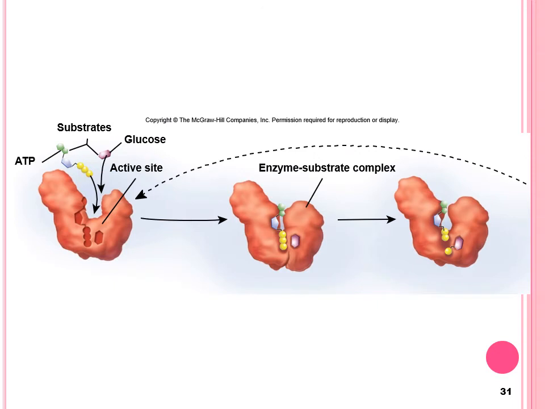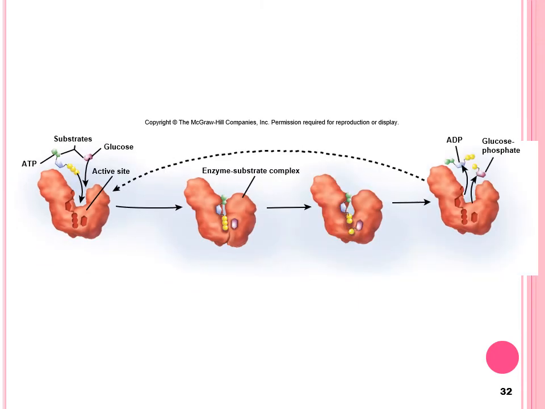We can see with the enzyme substrate complex, there's a chemical reaction that's taking place there at the active site. This is called an intermediate because we're not quite to our final product, but we're still within the enzyme substrate complex. And then finally, at the end of the chemical reaction, we release the products.